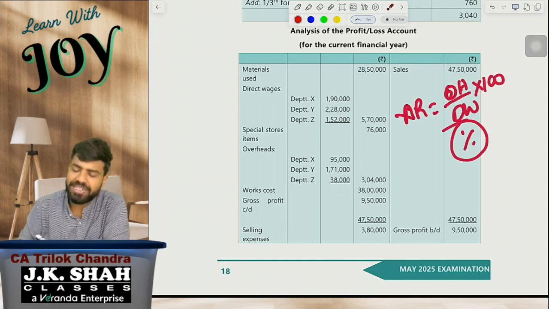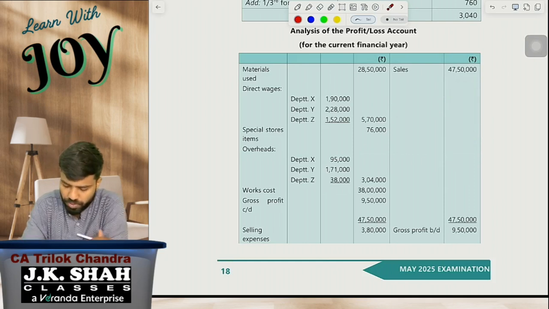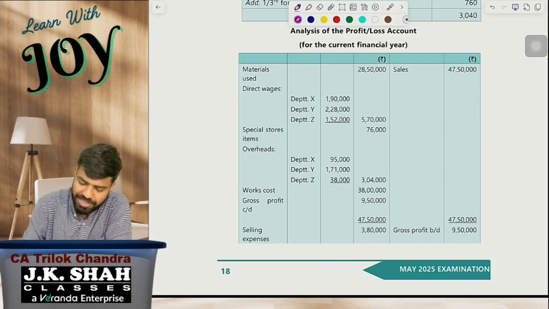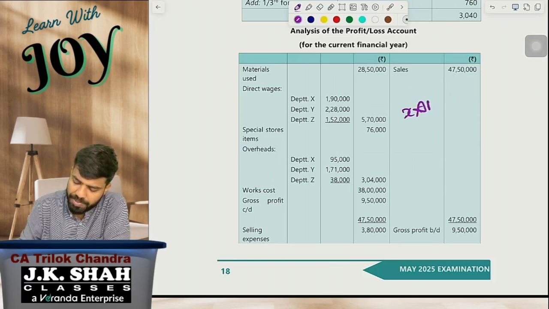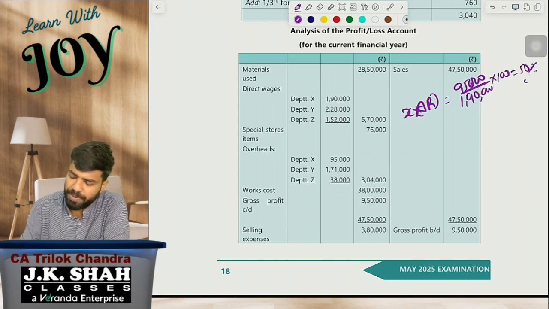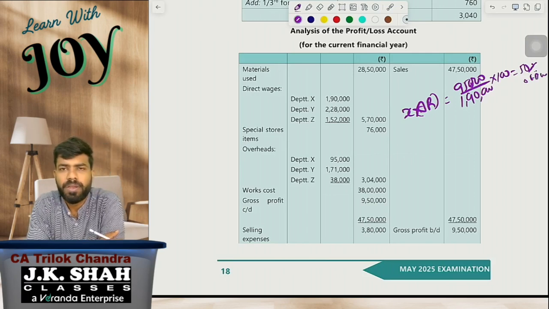We'll get the percentage. Look at the X department. Absorption rate equals overheads 95,000 divided by 1,90,000 into 100, which equals 50%. 50% of direct wages. Are you understanding?